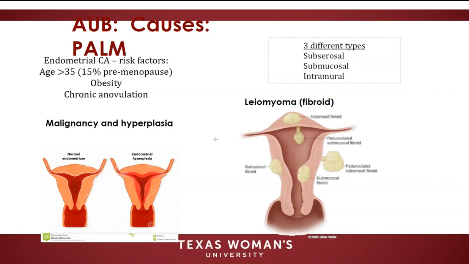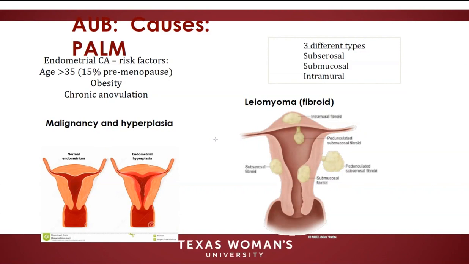You can have a pedunculated, which you can see there. There's one that's inside the uterus and there's one outside the uterus. Typically the ones outside, unless they are big and causing pain, since they are not affecting the submucosal or the intramural tissue, a lot of women don't have issues with those types of fibroids, again, unless they're large. The top there is the intramural, that is in the muscle layer. So those are the three types.